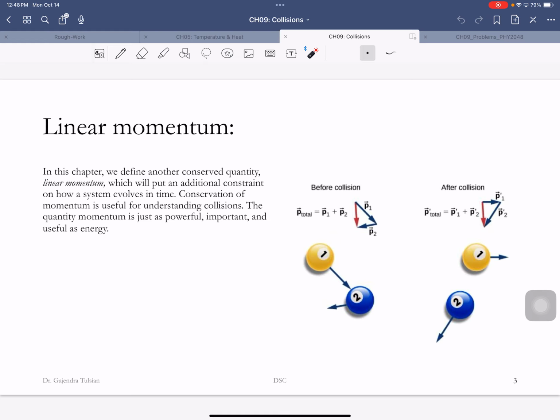This guy's initial momentum is that. The total momentum of the system is this vector plus this vector, which is that. After the collision, this guy goes off like that. There's his final momentum. This guy's momentum is that, and the sum of these two is like that. So in these collisions, the constraint is that the total momentum has to be conserved. So that's what's shown there.